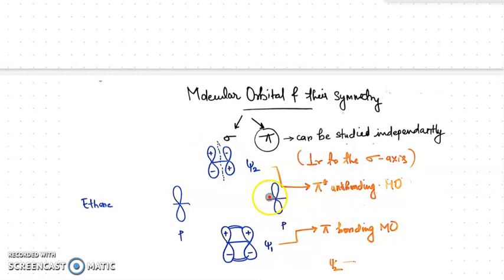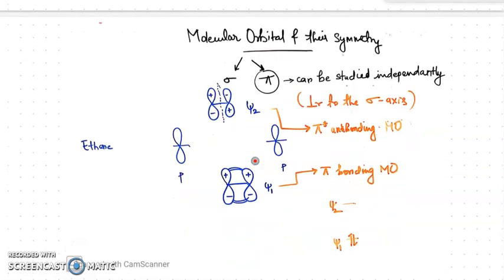Thus we have two molecular orbitals, Chi1 and Chi2, where Chi1 is the bonding molecular orbital and Chi2 is the anti-bonding molecular orbital. Since two electrons are there, we start filling the lowest energy, so the electrons are filled in the lowest energy orbital itself. The upper energy orbital is unfilled.